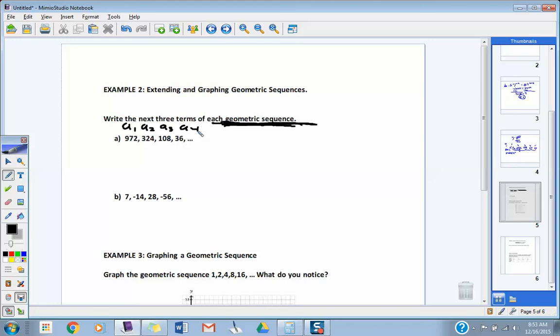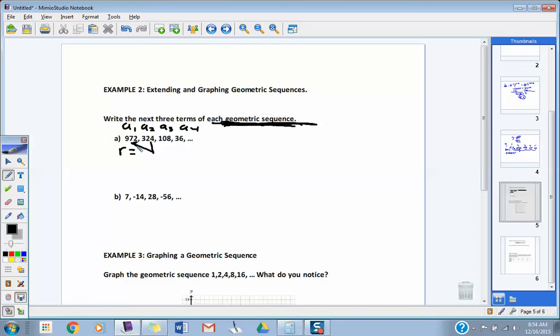Okay, these sequences are what types of sequences? They're geometric. So we're looking for a common difference or a common ratio? Ratio. So we're going to take one value and divide it by the previous value. So let's do that. I'm going to find a common ratio R. So in other words, I'm going to go 324 and divide this by what value? 972.